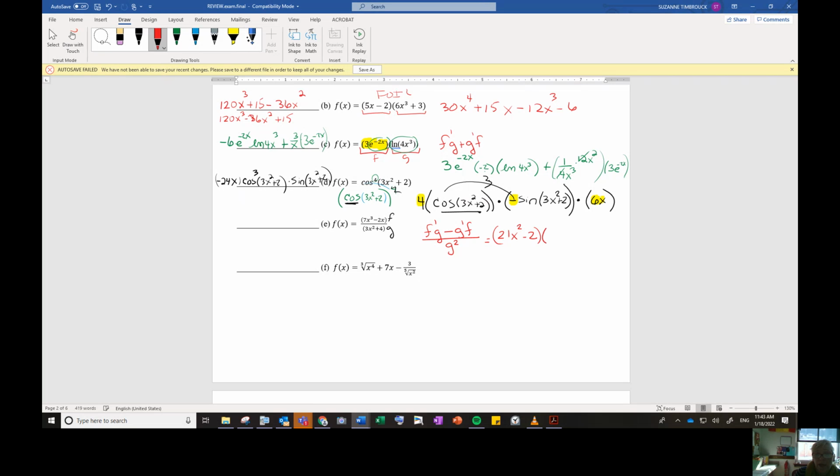That's F prime times G, 3x squared plus 4, minus the derivative of the bottom, which is just 6x, times the top, 7x cubed minus 2x. All of that over the bottom squared. Take the derivative, leave it.